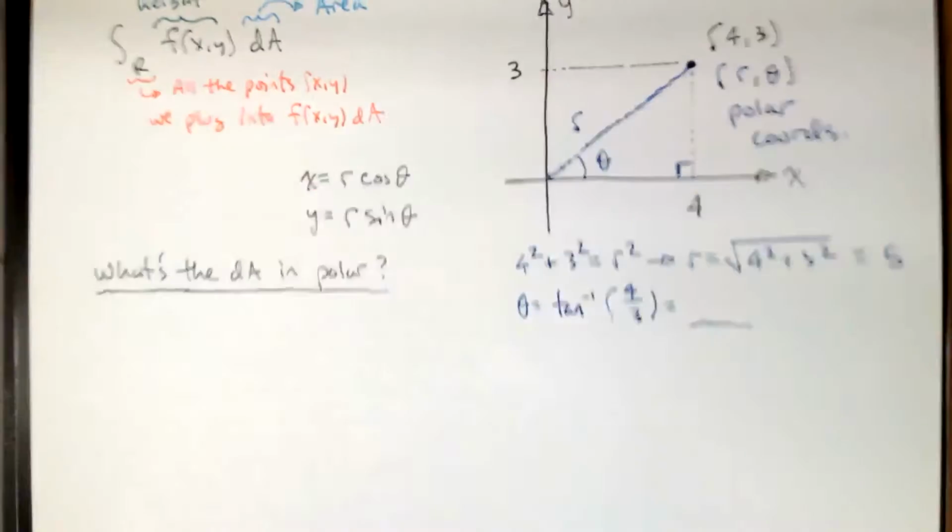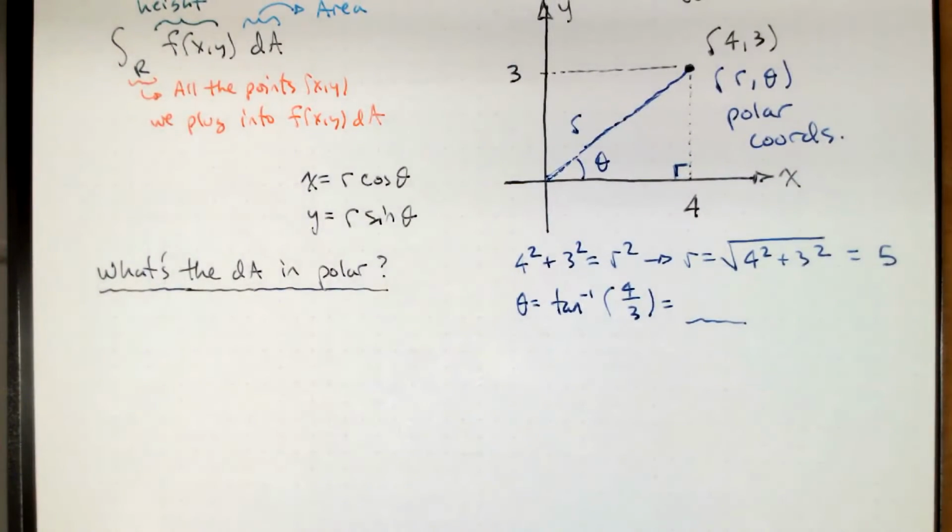In polar coordinates, what's the dA supposed to look like? Let's first think about what dA represents in rectangular coordinates.